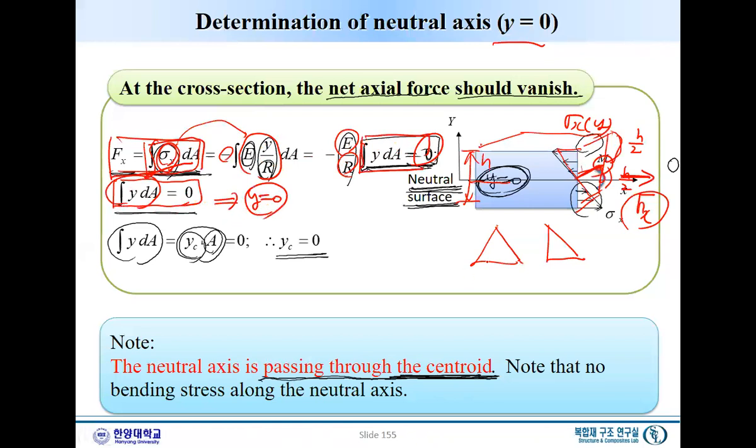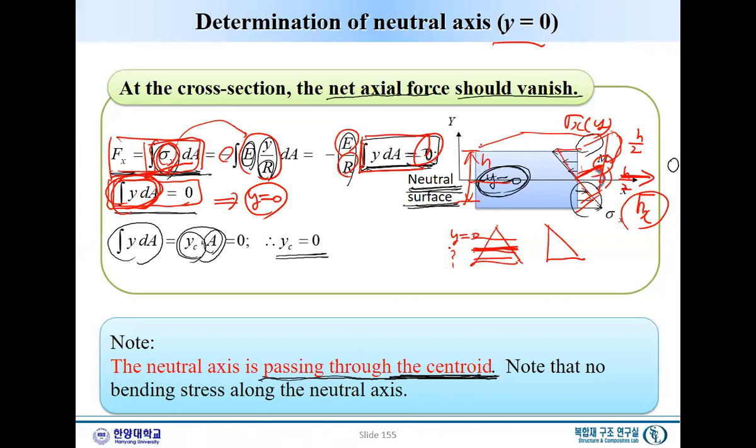What is y dA? So from this, y equals 0 should be determined. So we have whatever cross section, where will y equals 0 be? Here or there? Where? We do not know. But what we know is that wherever we have y equals 0, the integration over this cross section should be 0. Do you know the definition of this?